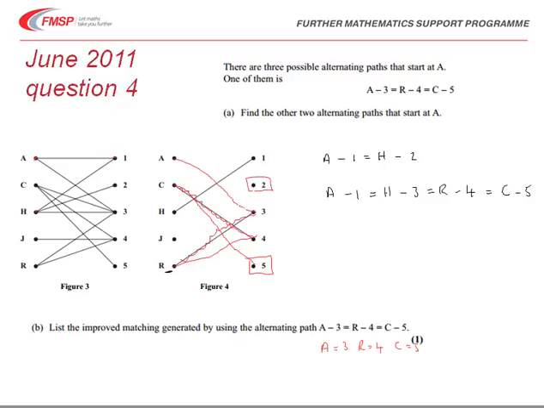So in total we have a matching which says A is matched with 3, C is matched to 5, H is still matched to 1, J is unmatched, and R is matched to 4.